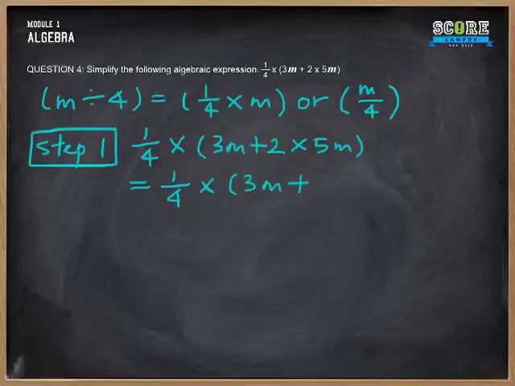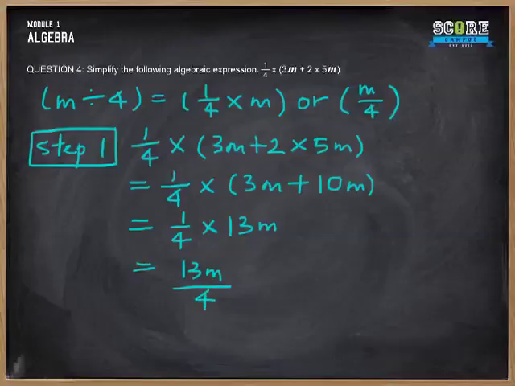Do the multiplication first. That is 10m, equals 1/4 times, add 3m plus 10m. You get 13m, equals 13m over 4. And that is your final answer.